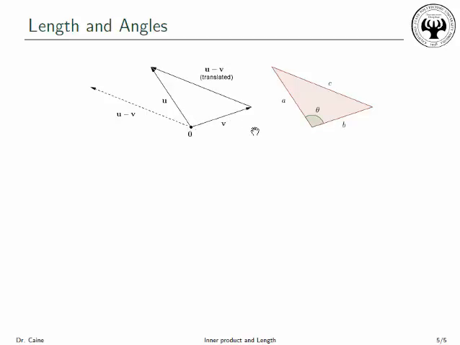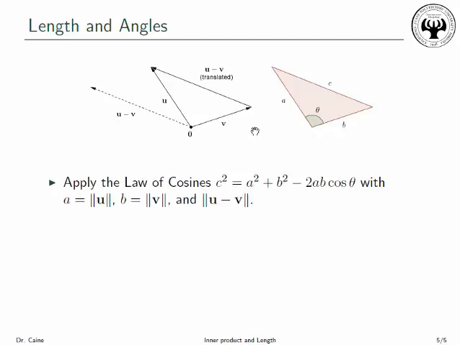Okay. What we're going to do now is remember some trigonometry, namely the law of cosines. This relates the length of the sides of a triangle to the cosine of the angle between two of its sides, according to this formula. It's also a generalization of the Pythagorean theorem in a different way, to non-right triangles.